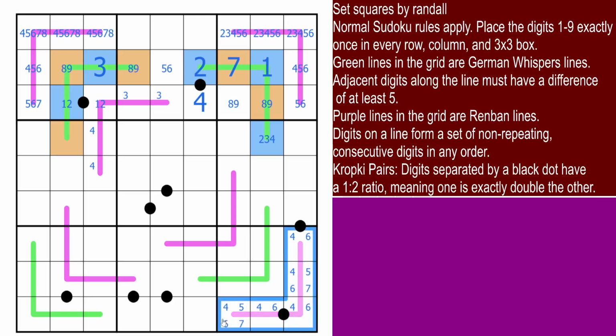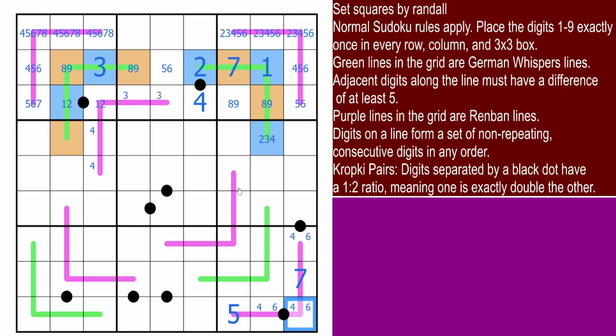That's right. On this Renban we must have 5 and 7. It cannot occur in these cells. Those have to be a 5 7 pair. And now look, 7 is looking at that, so that's 5 and that's 7. Now this dot could be either 4 8 or 3 6. That's a dot, that could be anything. 4 6, 4 6. Oh, if that's 4 6, that will become 4 5 6, right?